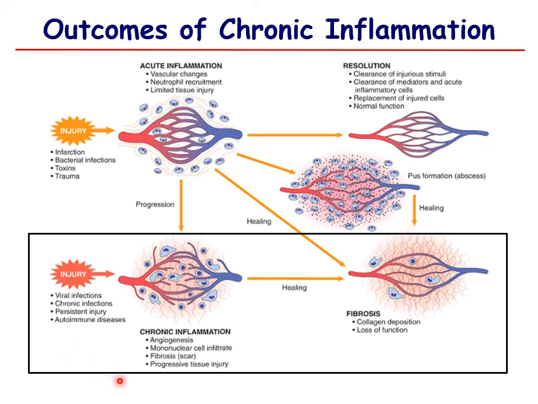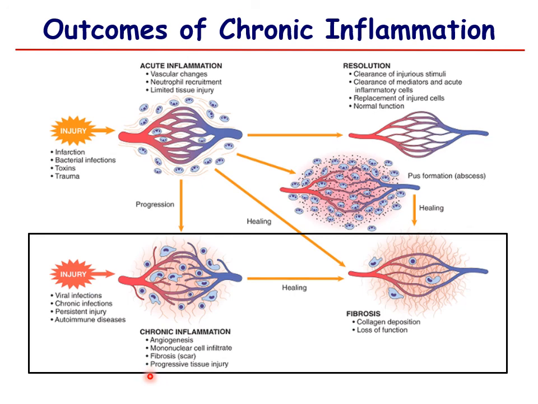And here is the summary of chronic inflammation that we have discussed in this lecture, including the outcome. We have looked at a number of different types of injury that would induce chronic inflammation, and that in chronic inflammation, mononuclear cell infiltration, angiogenesis, and fibrosis are observed. Then there will be continuous cell injury and attempts to repair.